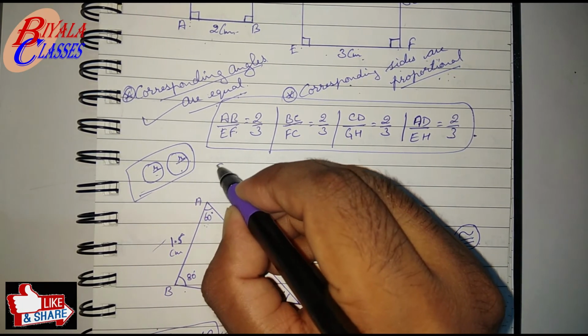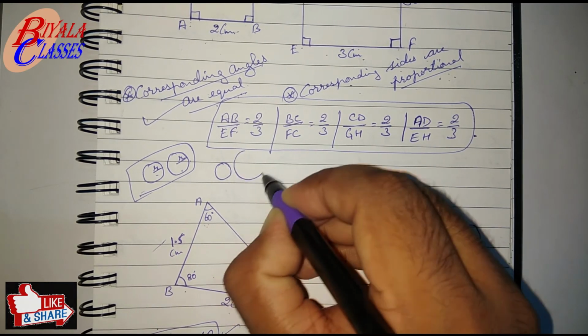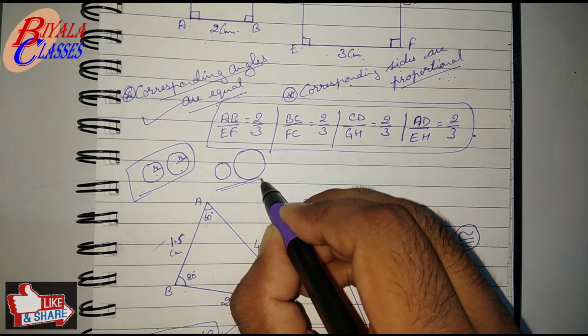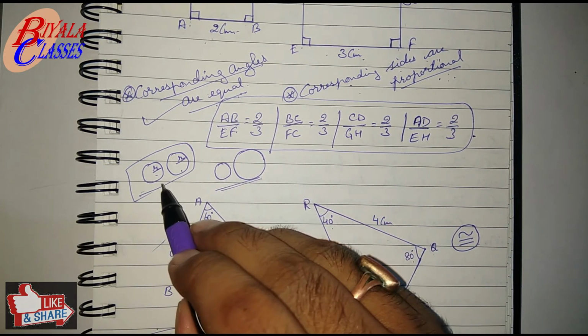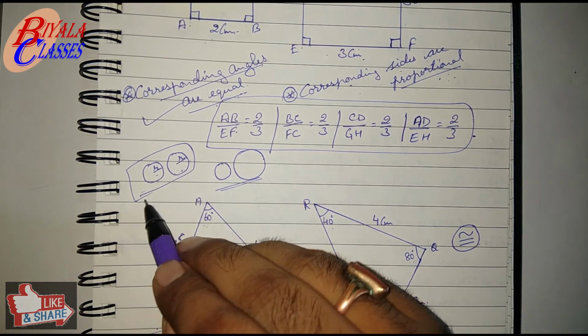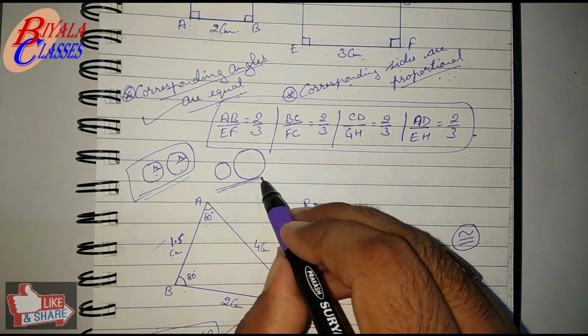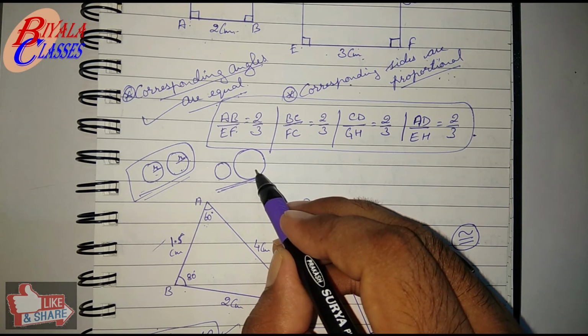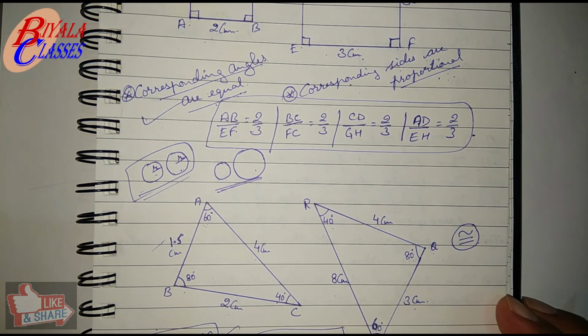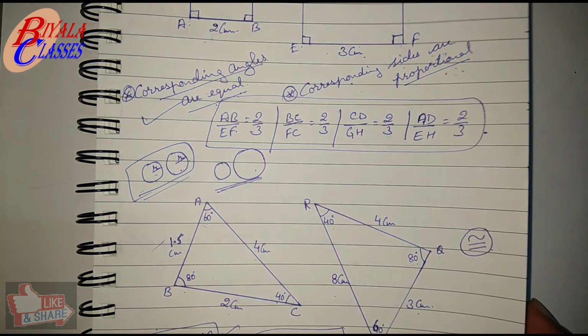But if you have two circles of different radii, then we say that these two are similar to each other. So if the radius is the same for both circles, they are congruent, and if they have different radii, the circles are similar to each other. This is the basic beginning of similarity.